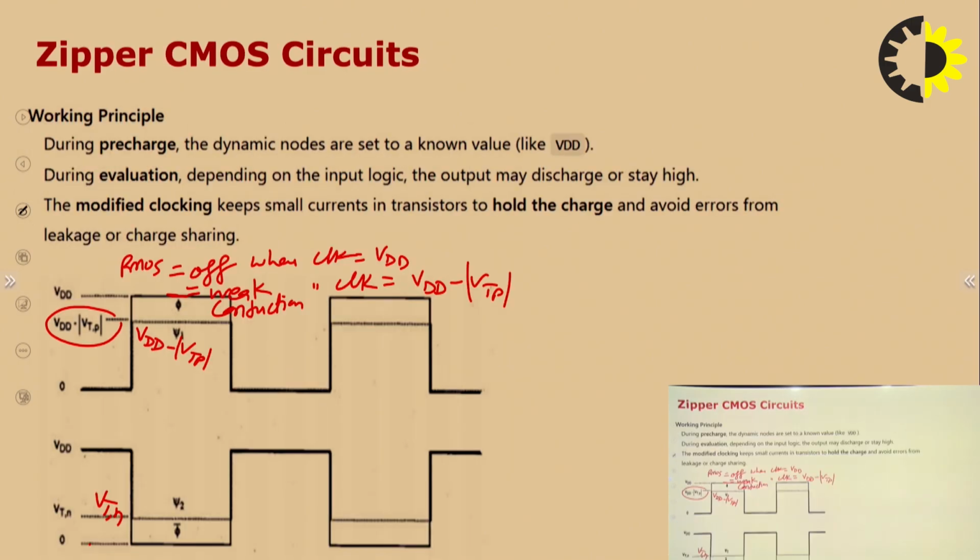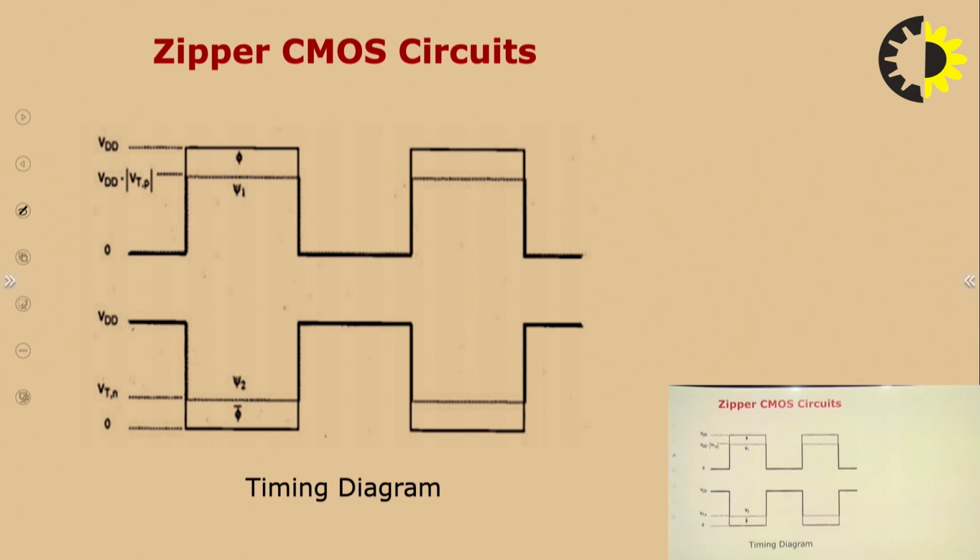So that is the zipper CMOS logic circuit. This is psi 1, with a slightly lower value. Here this is phi bar which is 0 volt, and here it is psi 2 which is equal to VTN, a slightly higher voltage.